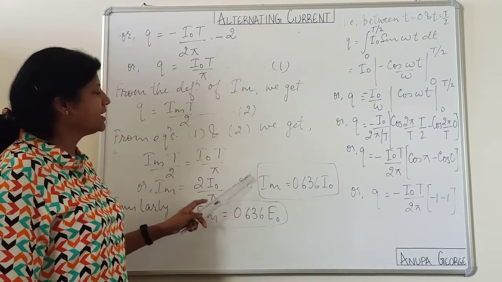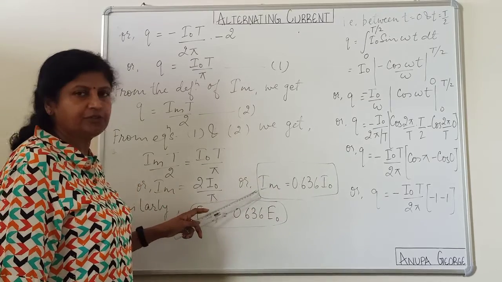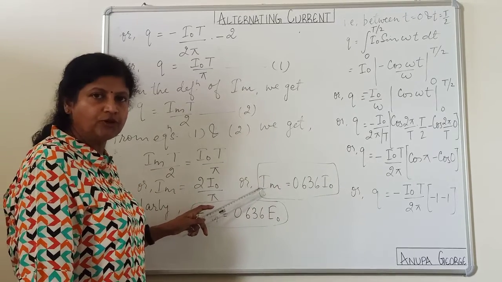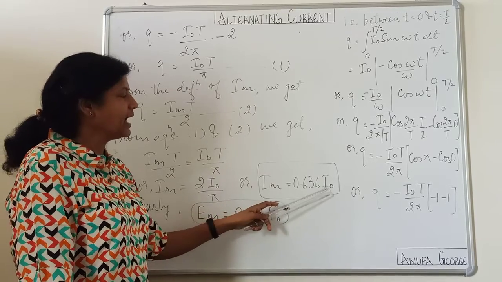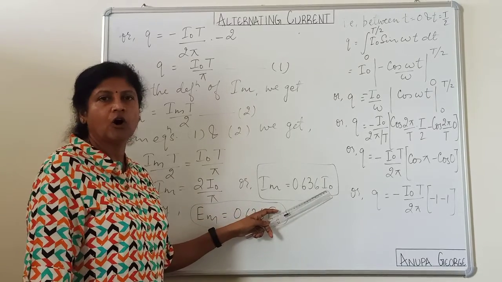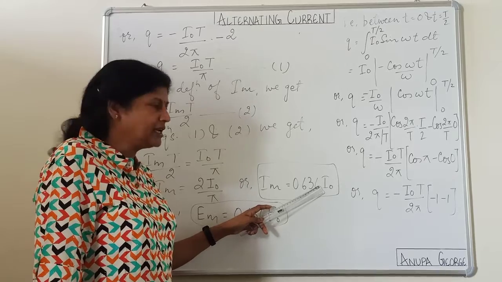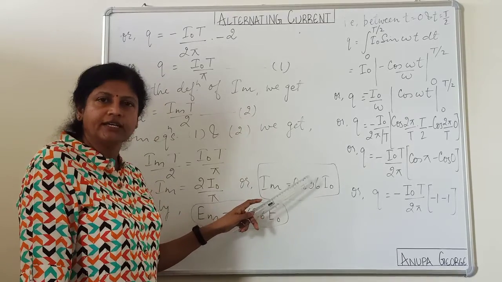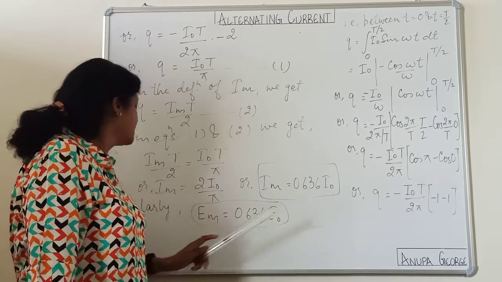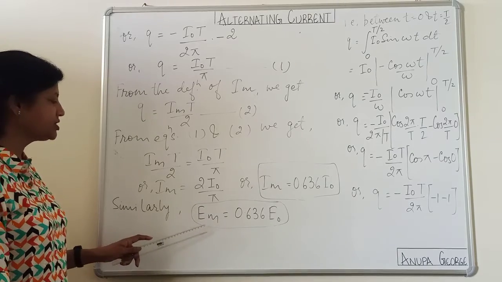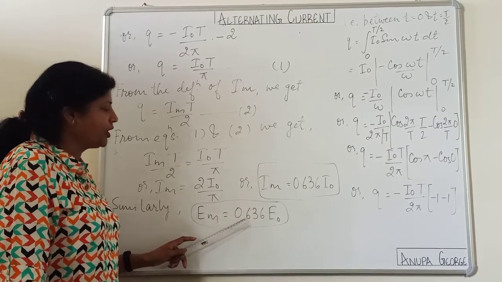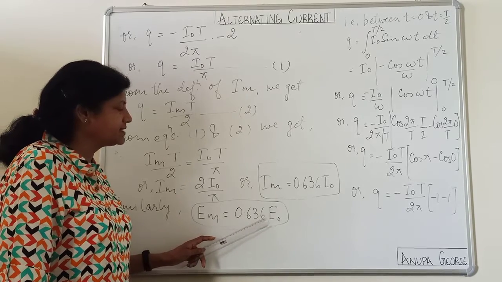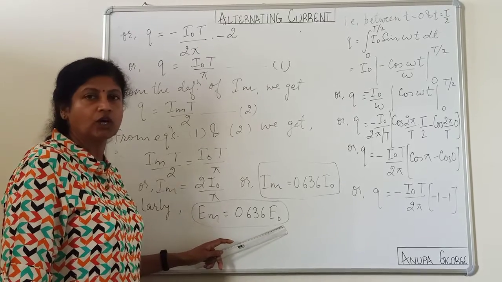It is a relation between mean value or average value of alternating current and peak value of alternating current. Similarly, for alternating EMF, we write Em is equal to 0.636 E naught.